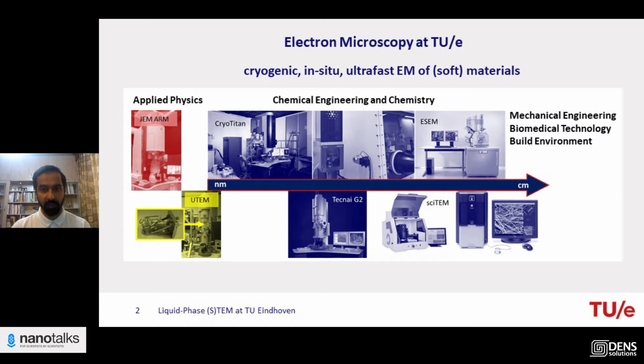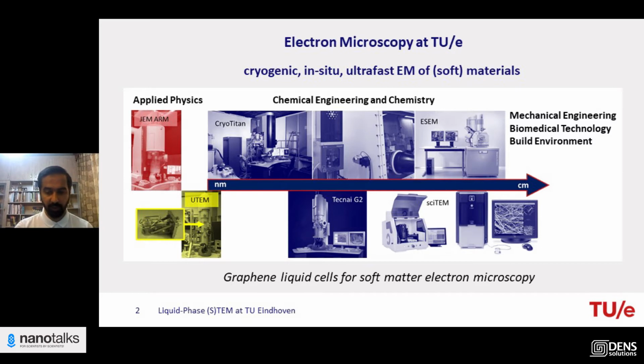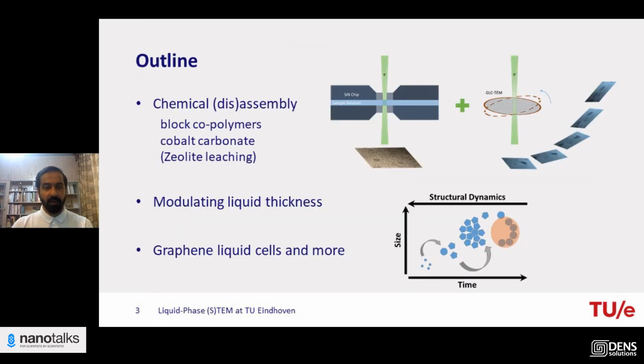We can do environmental SEM. We can do picoliter sampling, and we have some holders from DENSsolutions to perform liquid phase microscopy in silicon nitride, and I am focused on the graphene liquid cells for soft material electron microscopy at this moment.